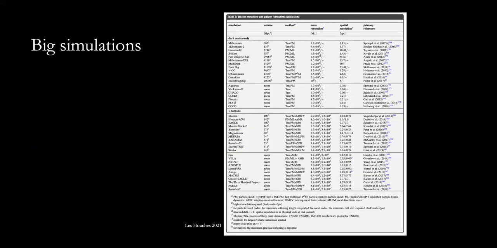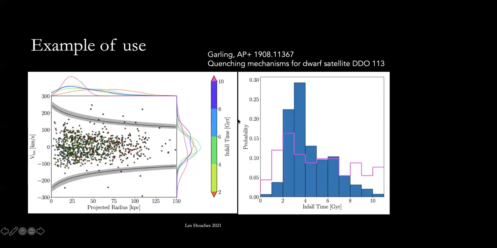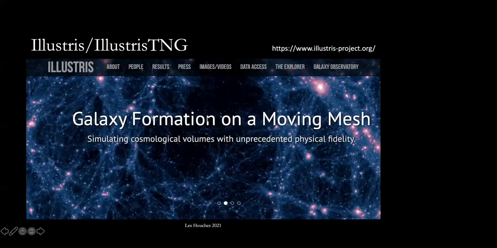Okay, and then if you just want to play with simulation data and don't want to run code yourself, you're in luck because there are lots and lots of simulations that other people have run, and a number of these have public data products. My group in particular has used the data products from the Illustris and Illustris TNG simulation suites. They have a very nice website.